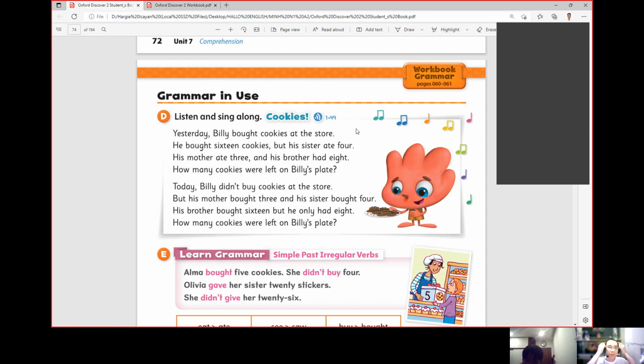How many cookies were left on Billy's plate? Today, Billy didn't buy cookies at the store, but his mother bought 3, and his sister bought 4. His brother bought 16, but he only had 8. How many cookies were left on Billy's plate?